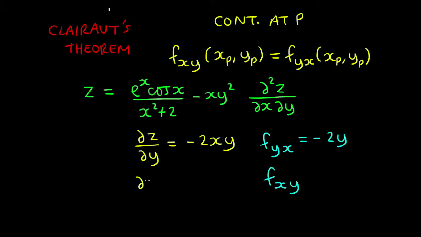So if we first take the partial derivative of z with respect to x, then the first term evaluates to a function of x using the quotient rule, and the second term evaluates to minus y squared. So we held y fixed while differentiating with respect to x. And therefore, if we now differentiate with respect to y, this complicated function drops out, and we obtain minus 2y. So both mixed derivatives are equal, but evaluating the first one is a lot simpler.